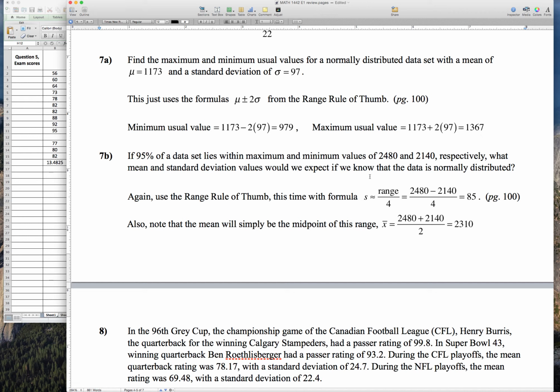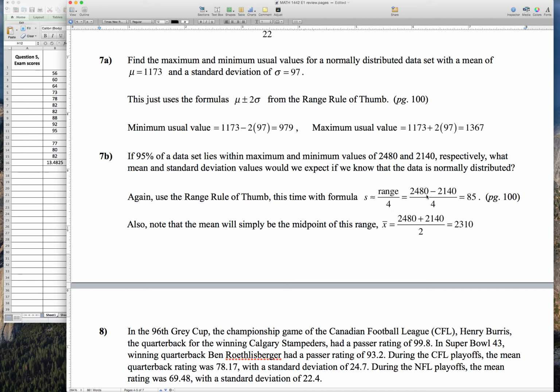Now, part B asks us if we know a maximum and minimum usual value, how do we find the mean and the standard deviation? Well, the range rule of thumb tells us that we can approximate, remember that's what the squiggly equal sign means, we can approximate the standard deviation by dividing the range into four parts.